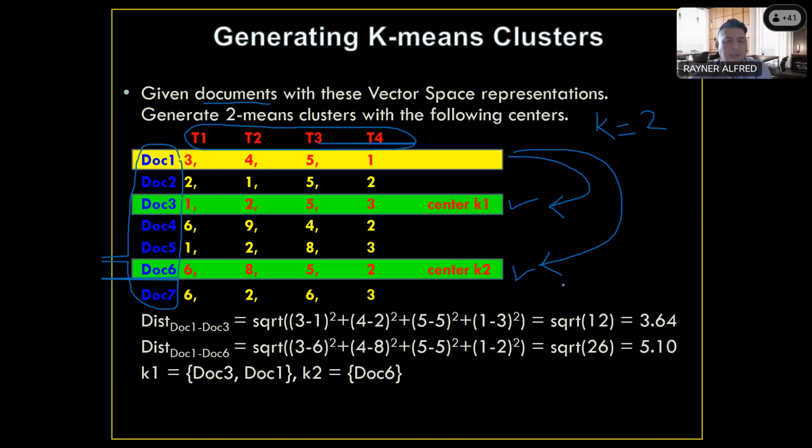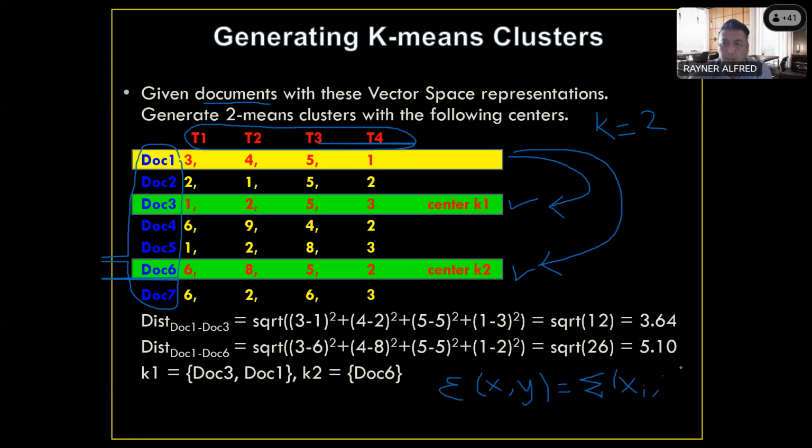The Euclidean distance is defined by, this is the Euclidean distance between x and y. Basically we are looking at the summation of the differences between x and y.